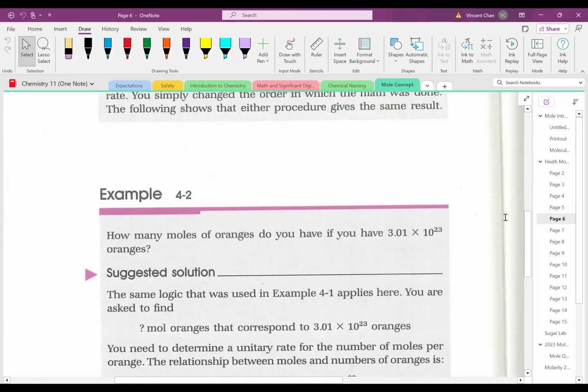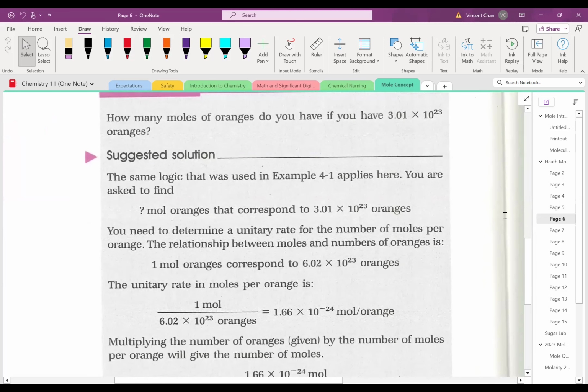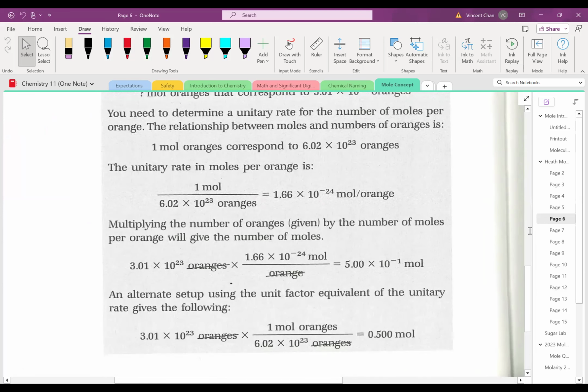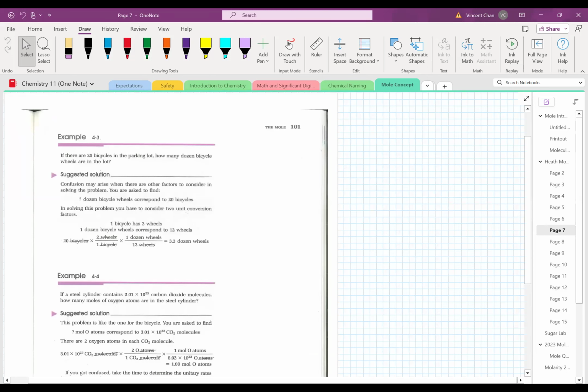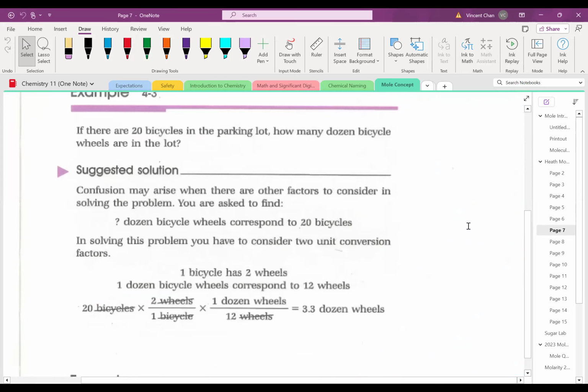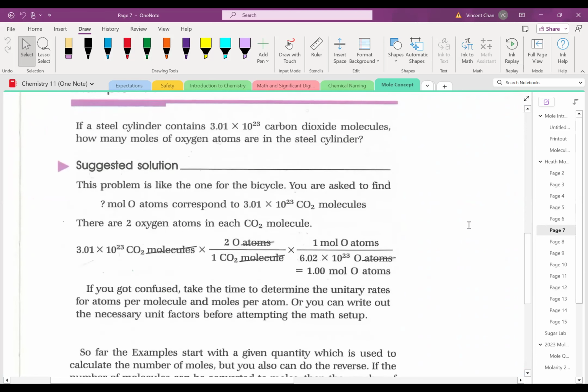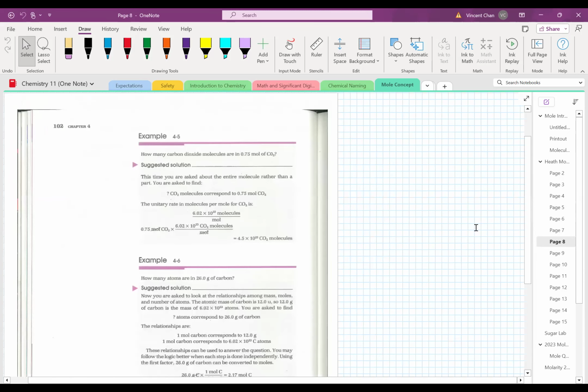Same thing with the bottom of page 100. If you go through it, you see the thought process, and they do it by canceling out the units. Page 101, again, they go through it by canceling out units. And example 4.4 on page 101, they go through it by canceling out units.